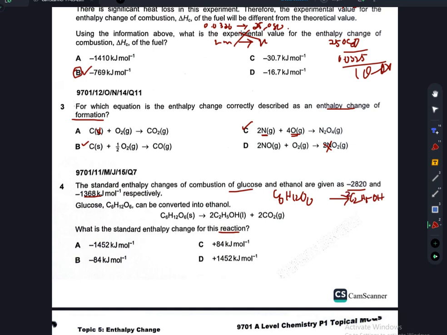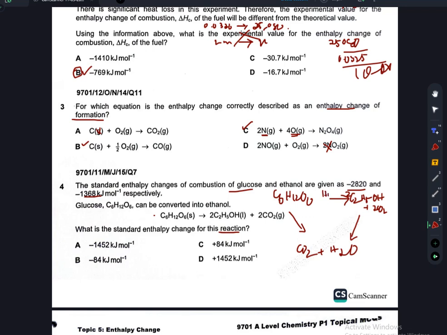You must add 2 here because this is the balanced chemical equation. And this would give me CO2 along with water. Okay, now what we are to find is the enthalpy change for this reaction.